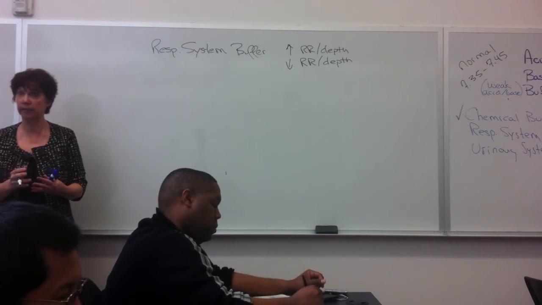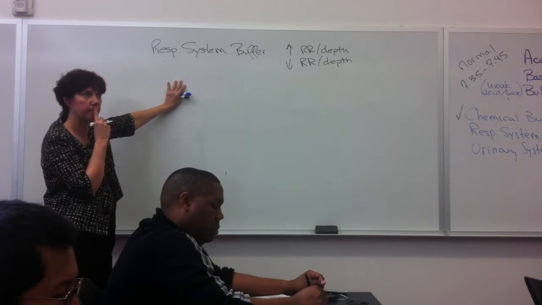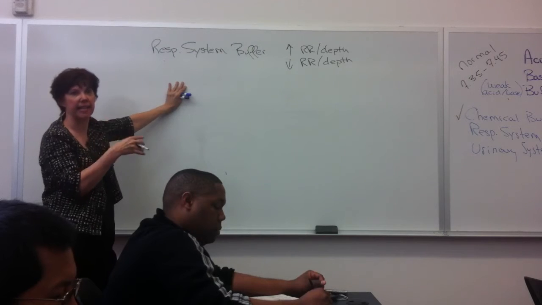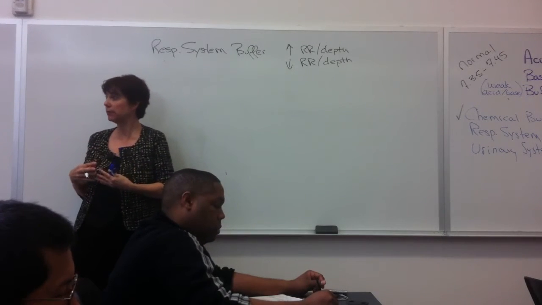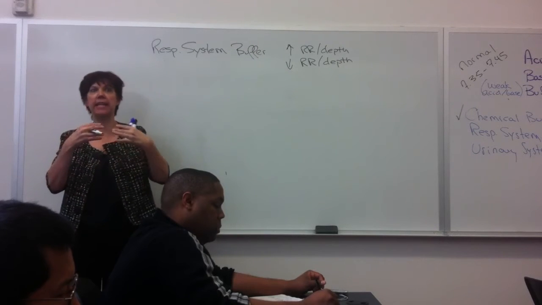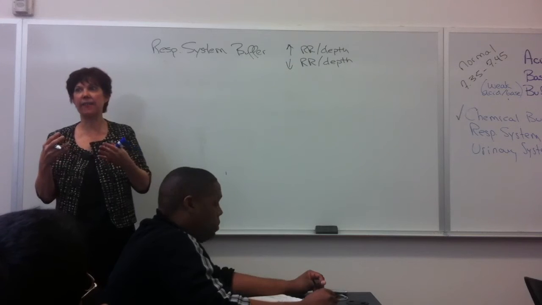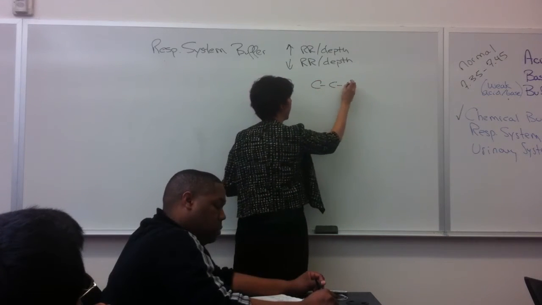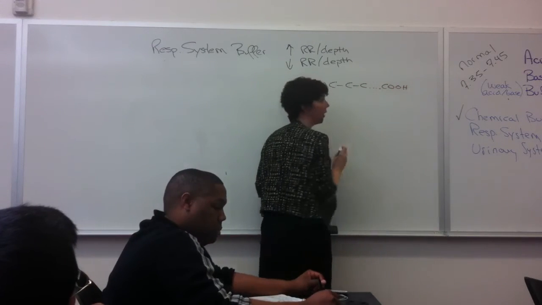And that's how we use the respiratory system to decrease or increase the number of hydrogen ions that we have. So let's say that one of the causes of ketoacidosis for diabetics is they don't have glucose available in their cells, used for fuel. So they start breaking down lipids, and they take fatty acids, which are long chains of carbons.